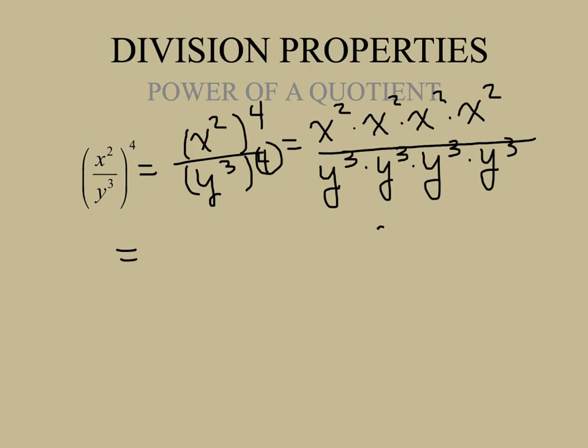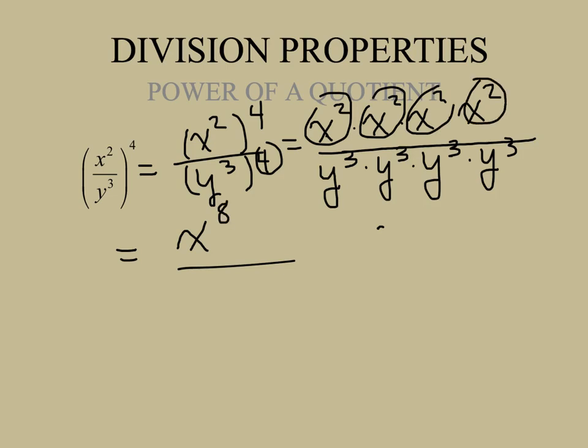We could write all these x's out in the numerator if we wanted to, but maybe you've seen a pattern now, and you can do it without writing them all out. There are 2 x's in each of these terms up here. So 2, 4, 6, 8, we have x to the 8th power, and in the denominator, we have 3, 6, 9, 12 y's, so y to the 12th.